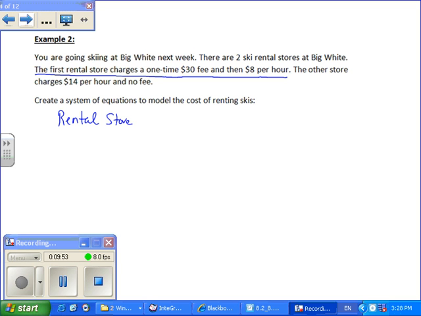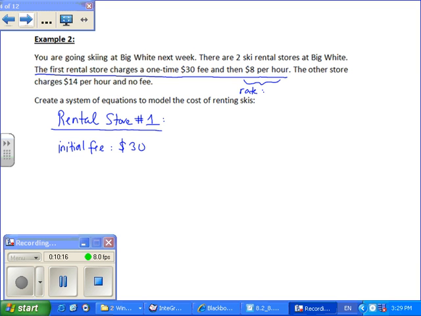So rental store number 1, here's what we know about it. We have an initial fee of $30. And then after that, they charge $8 per hour. Notice that is a rate.